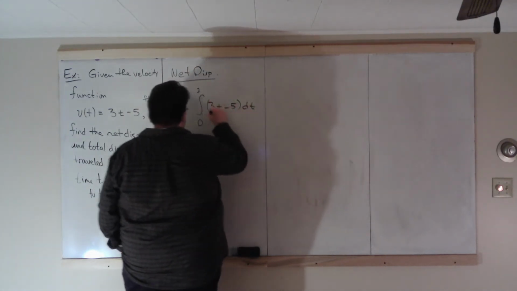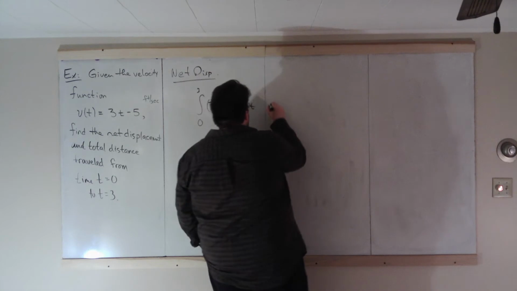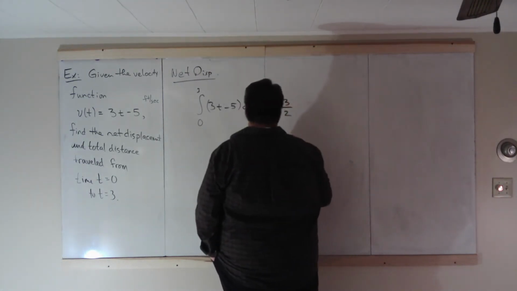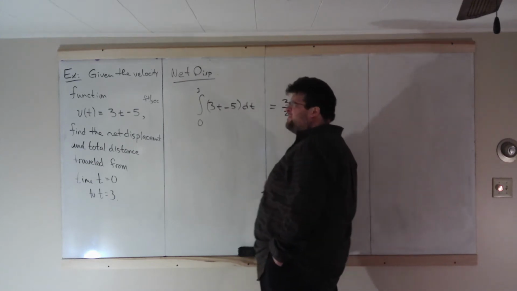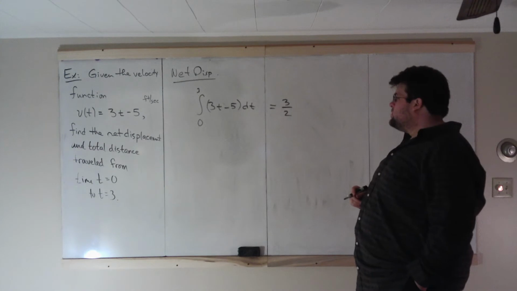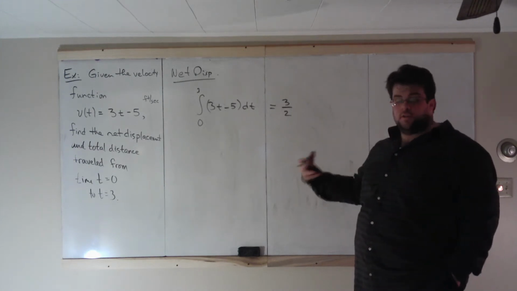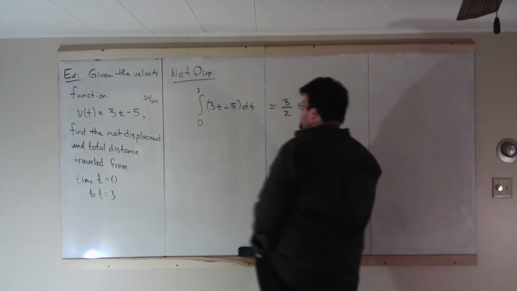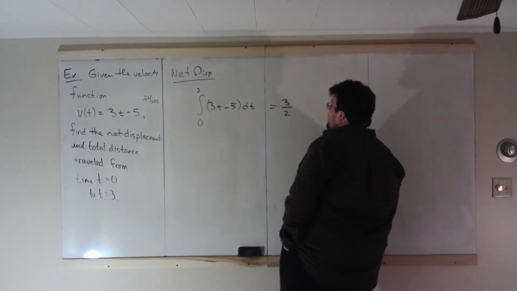You may be wondering in these computations for the net displacement, the statement of the net change theorem says f of b minus f of a. Well, we're assuming we're starting at position 0, and we can make that assumption, so the f of a quantity would be 0.